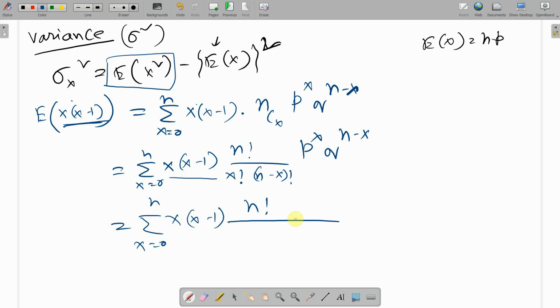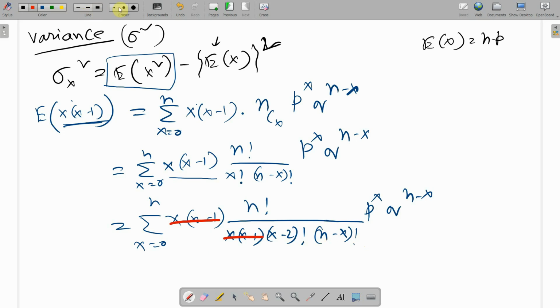How can I do it? Class? Speak, arre bolo. Yes, x into x minus 1 into x minus 2 factorial into n minus x factorial. Right now I am thinking that I have to cancel this. Okay, and p to the power x q to the power n minus x. So I got the option and I nullified this.